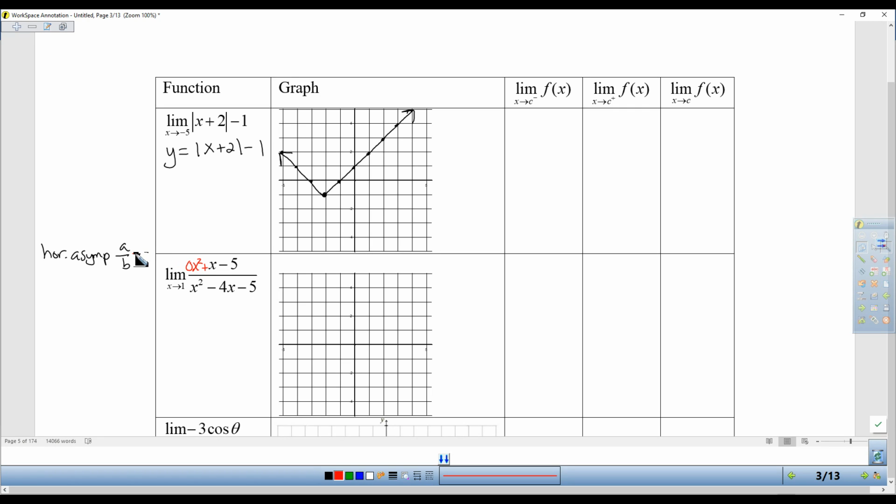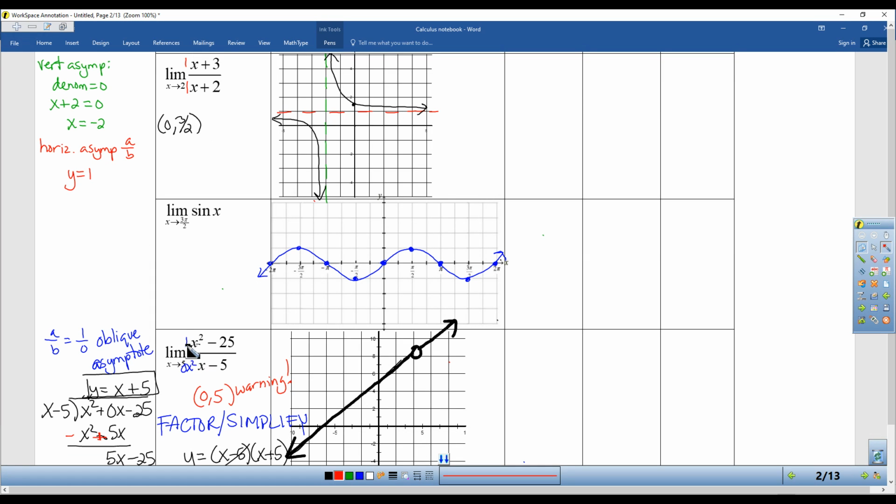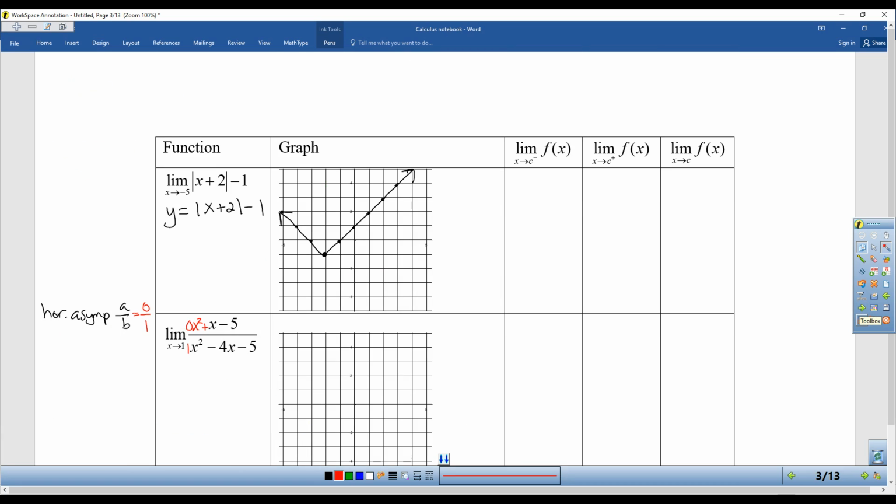So now A is 0 and B is 1. So 0 divided by 1 is 0. So be careful not to confuse that with this one, which is 1 over 0, which you can't do, and that tells you that there's an oblique. You can do 0 over 1. So the horizontal asymptote is y is equal to 0.